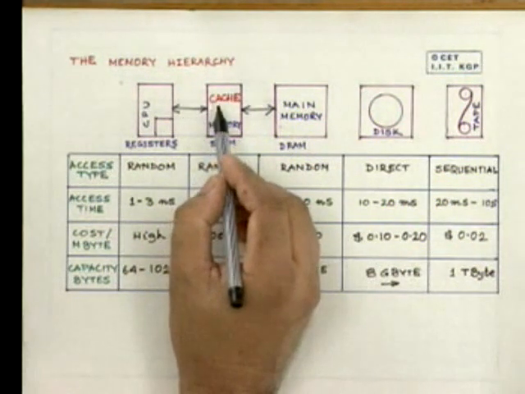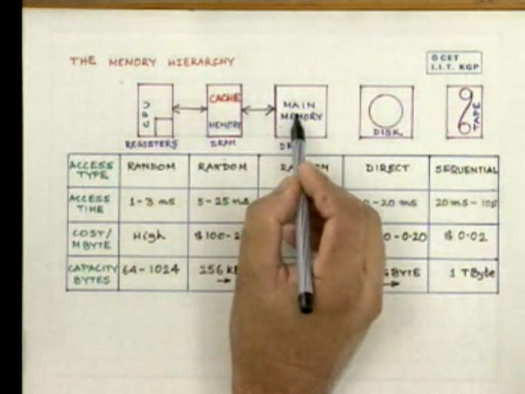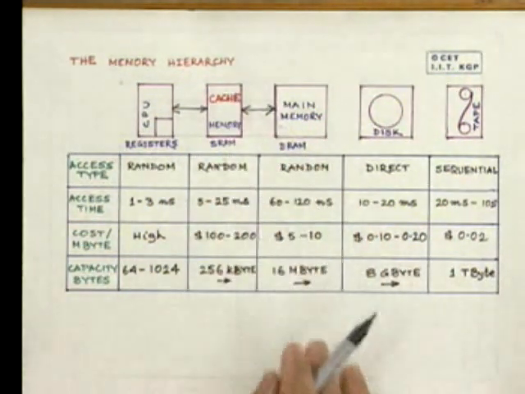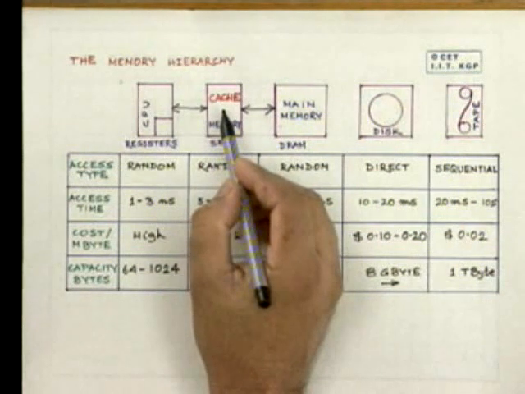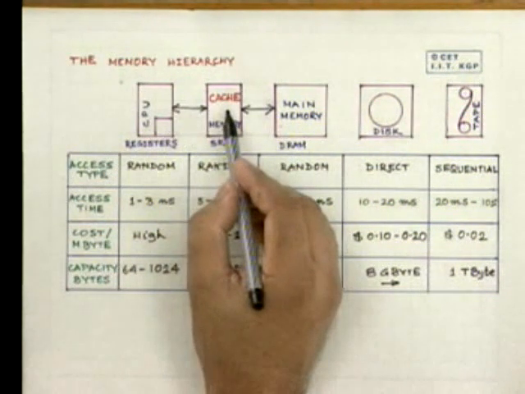If it is not there, then the CPU goes to the main memory to fetch either the instructions or the data. Now, if most of the time we find that the instruction or the data is in the cache memory, then we can approach the access time of the SRAM.